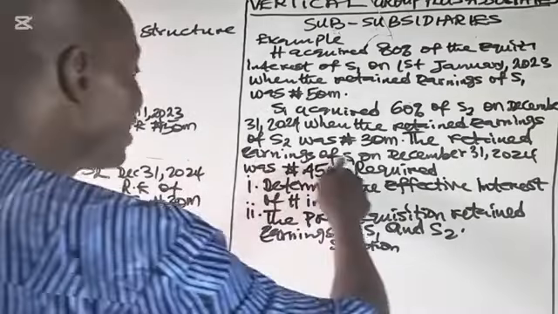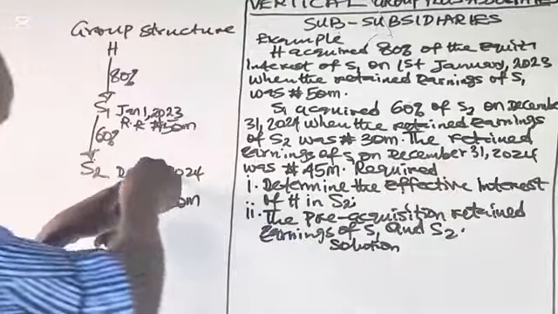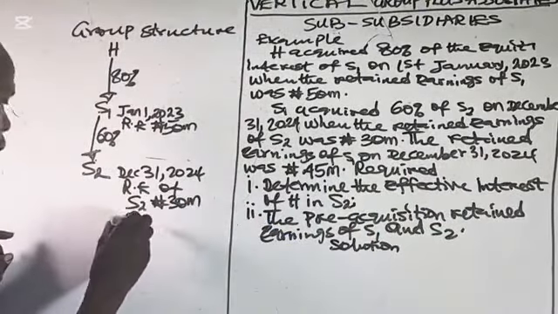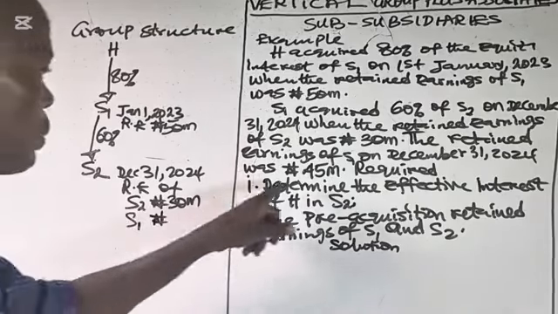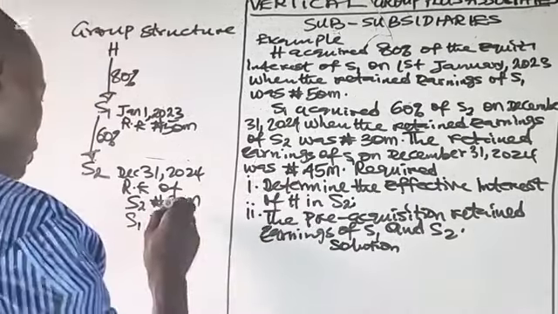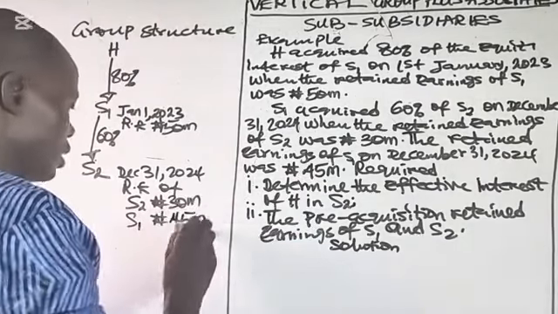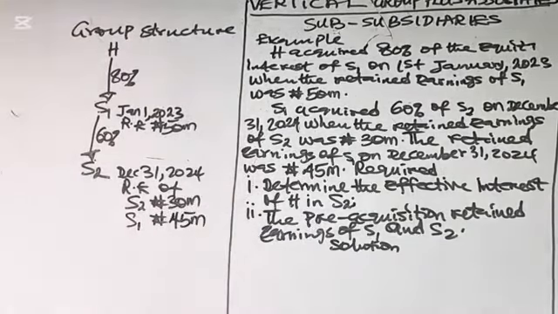Then the retained earnings of S1 on this same day was 45 million. Required, determine the effective interest of H in S2.